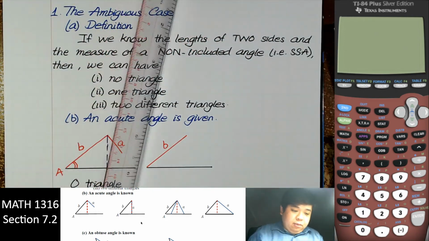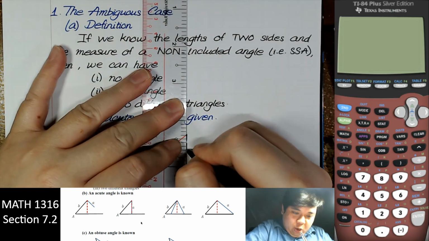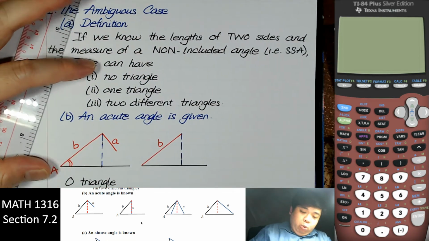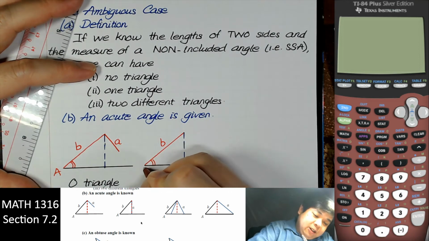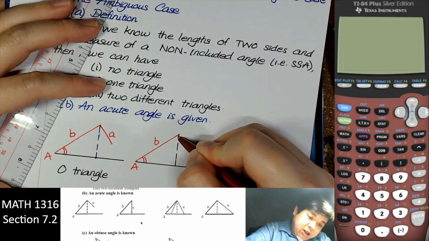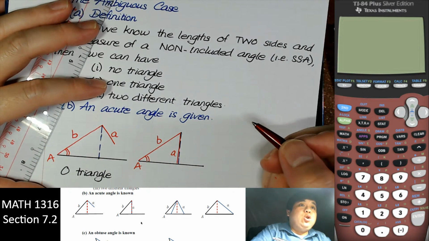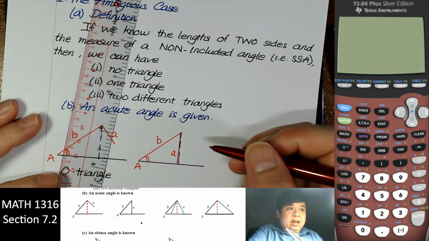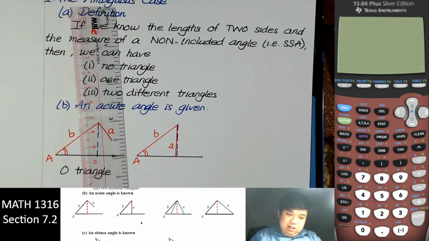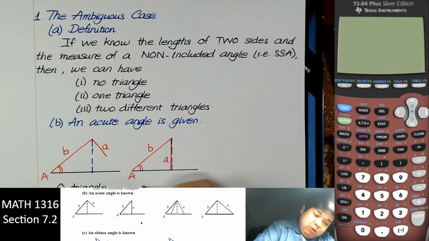Now, it all depends on what we are given for side A. If side A is just right here, then we have one solution. So this is one triangle.